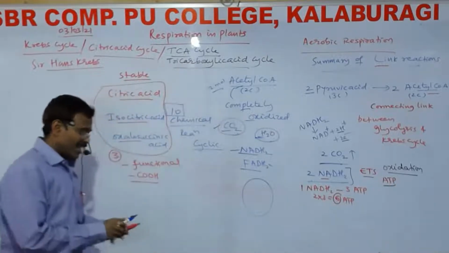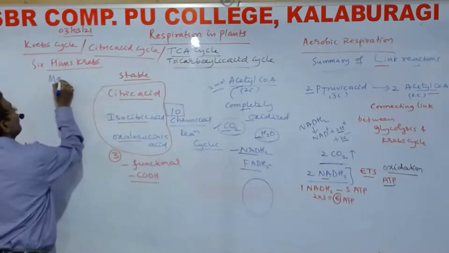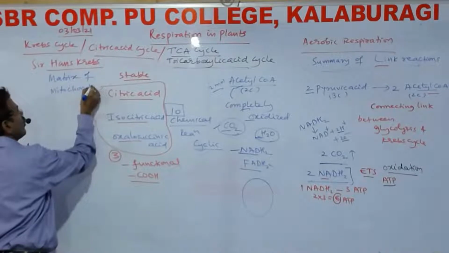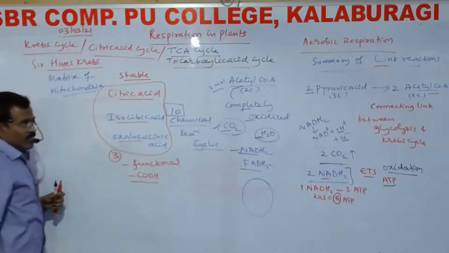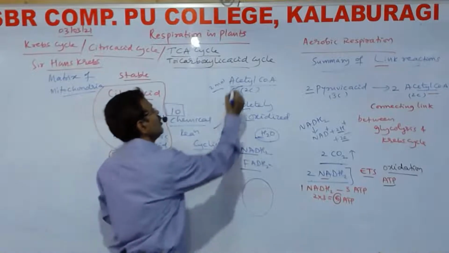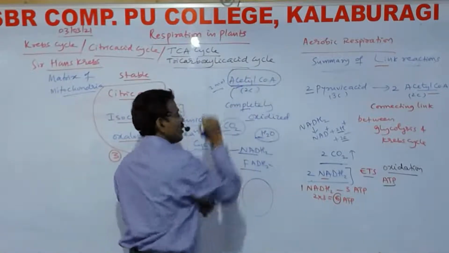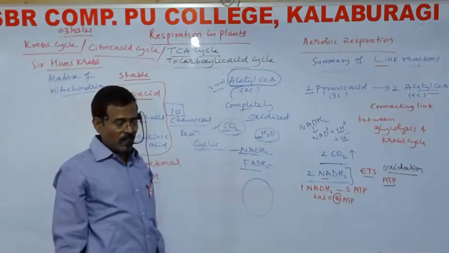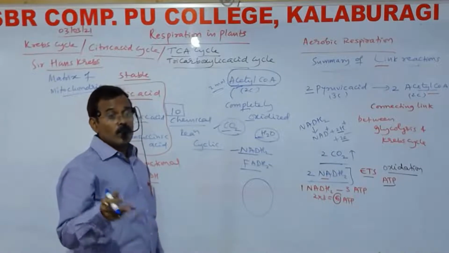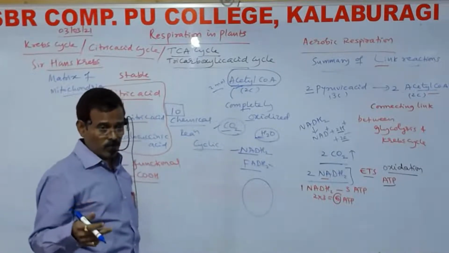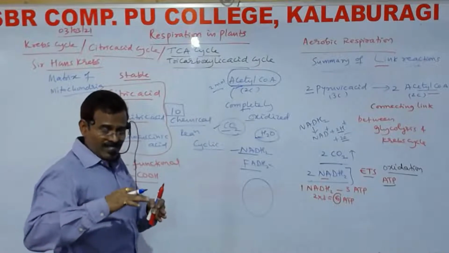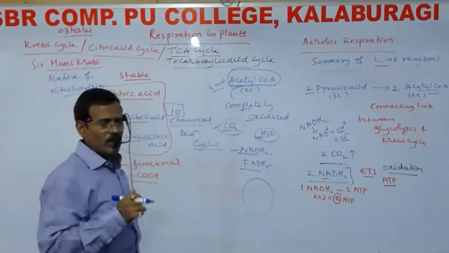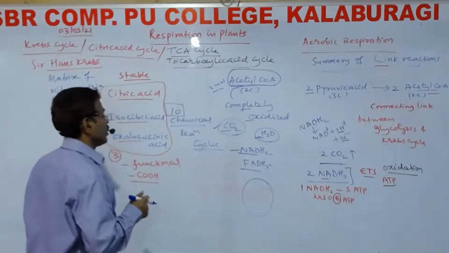This Krebs cycle occurs in the matrix of the mitochondria. The starting compound which takes part in the Krebs cycle is acetyl coenzyme. Acetyl coenzyme is produced from pyruvic acid after the preparatory step. So the preparatory step is the starting part of the Krebs cycle, because the preparatory step also occurs in the mitochondrial matrix.